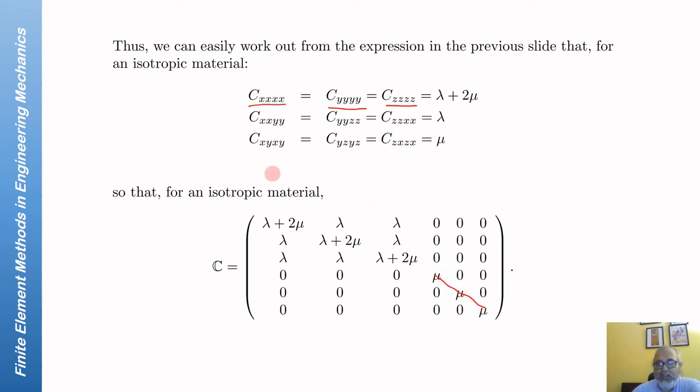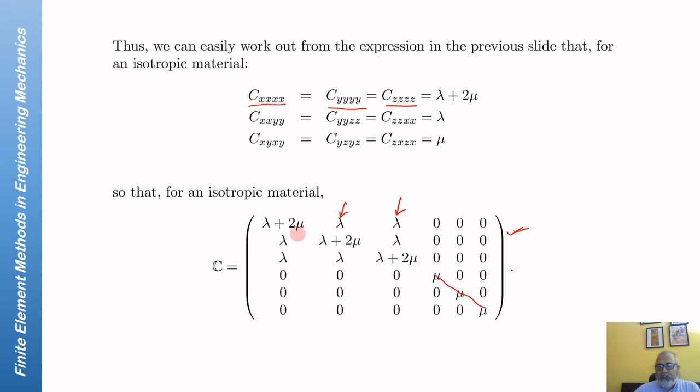And then you have these cross terms, which is CXXYY, or 1122, which is this, C1133, which is this. These are all lambda, and the matrix, of course, is symmetric. So the 6 cross 6 matrix, in case of an isotropic material, has this form, and this is the form that we are going to use most often.